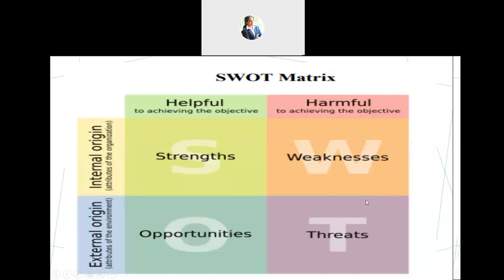It also originates in the external environment and it is harmful for achieving the objective and the survival of the business. Threats are to be faced, and if the organization has prior information, it should adjust itself for the threats in a way in which the effect or the disadvantage of these threats could be minimized.